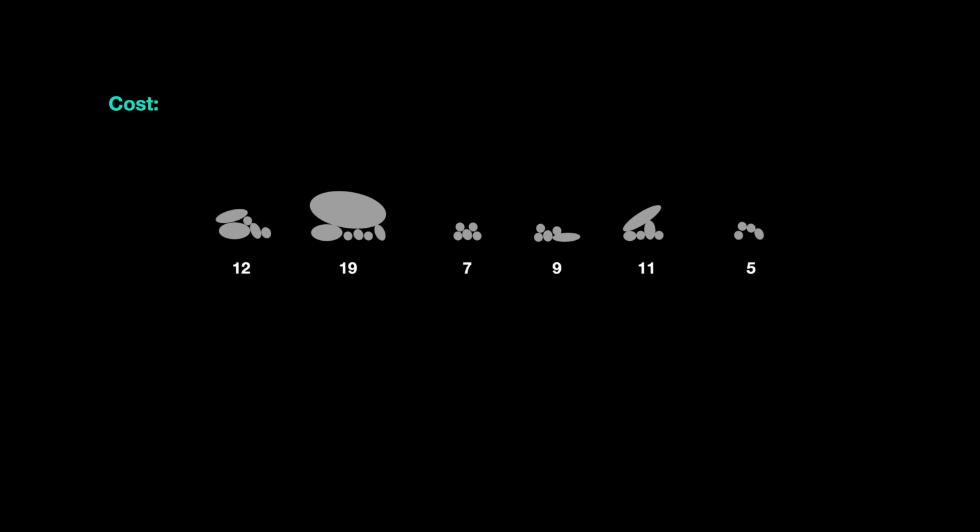For example, for the first step, you can choose to merge these two piles, and the cost of this operation is 9 plus 11, which is 20. And of course, after you merge these two piles, they become a single pile with the weight equal to the sum of the two original piles. Next, you can merge these two piles.